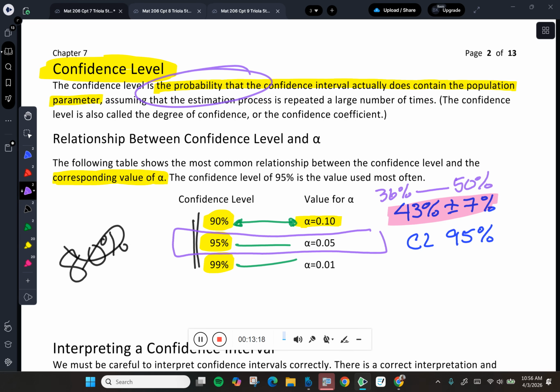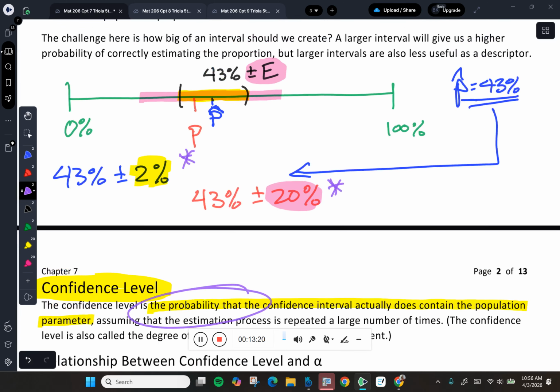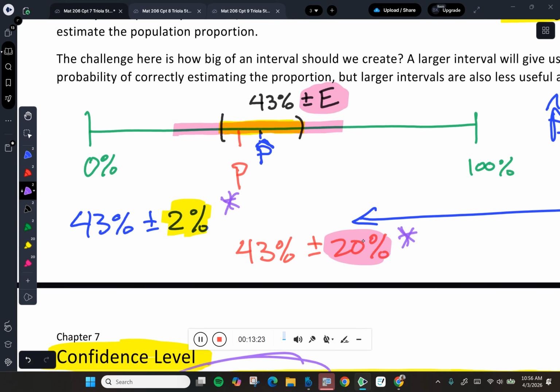Okay? Now, one thing to keep in mind, when we're talking about this population parameter right here, it never changes. It is where it is. Its value is set. This value, that changes. That p-hat, that estimator changes.